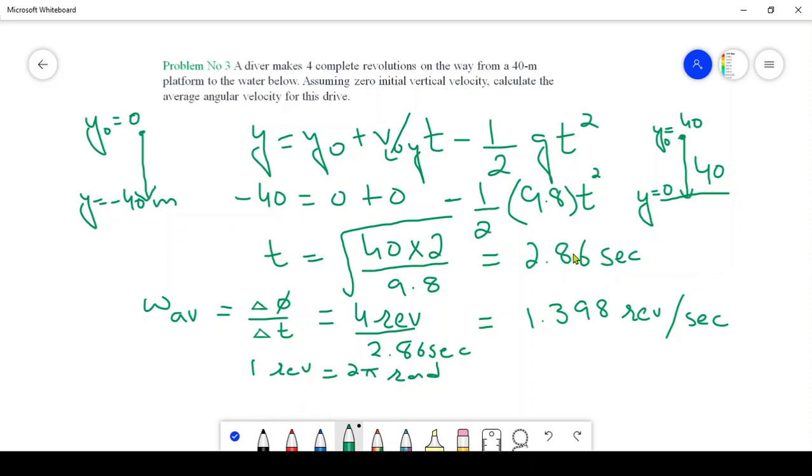So if we multiply this relation by 2 pi radians, then we get the answer in radians per second instead of revolutions per second.